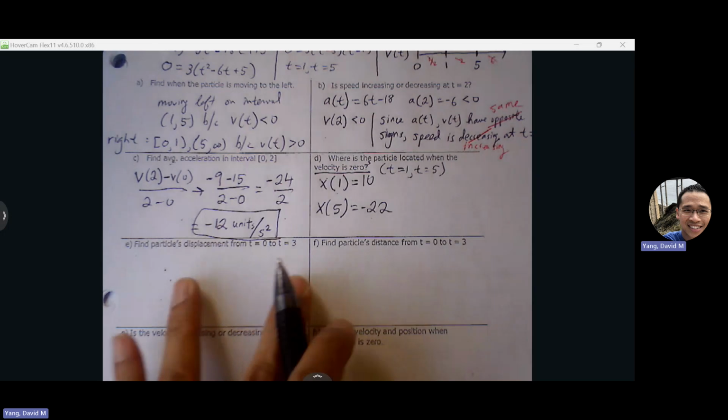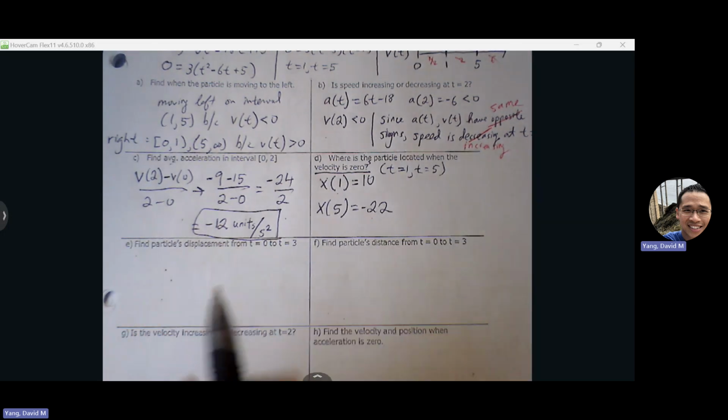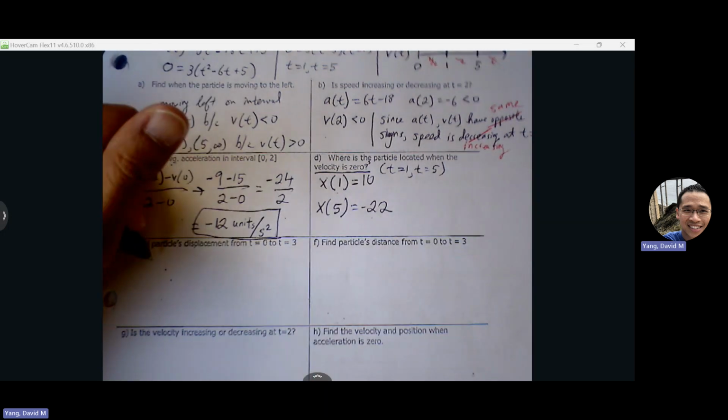So here are the new things that you're going to see on the test that weren't on the quiz, and that's displacement and distance. So displacement is defined as final position minus initial position.